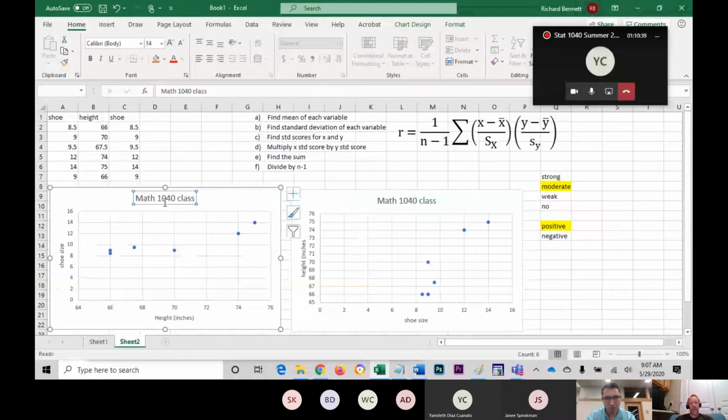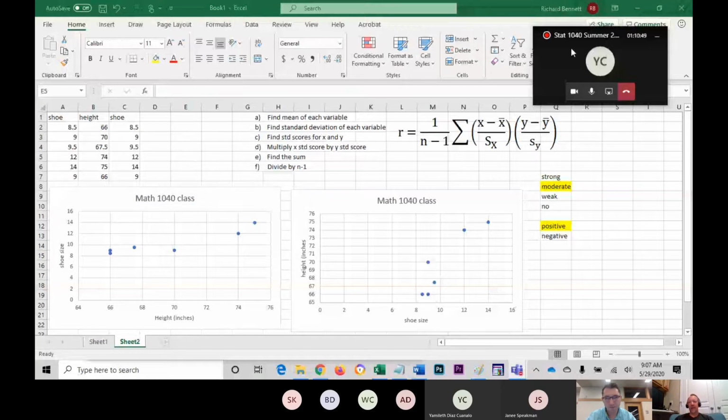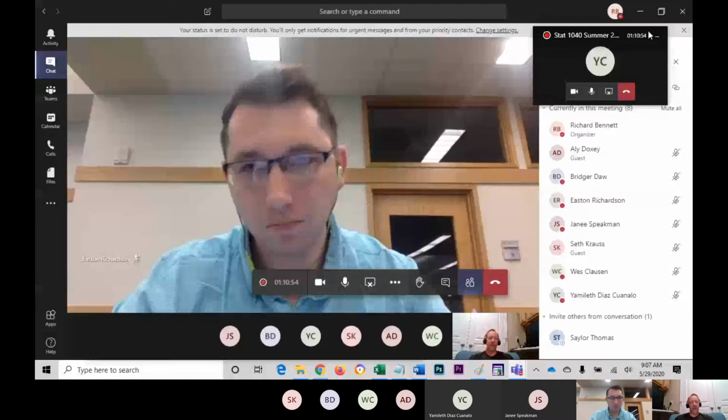Now, like I said, I want to spend more time figuring out the calculation of the correlation coefficient, but I'm hoping you guys can draw these. Now, would you guys agree, as Yami did, that we picked on? So Seth, let's pick on you this time. Would you agree that the graph on the left is moderate and positive?